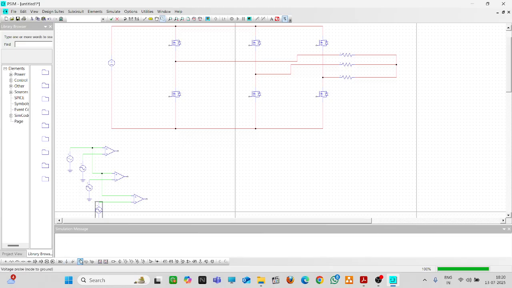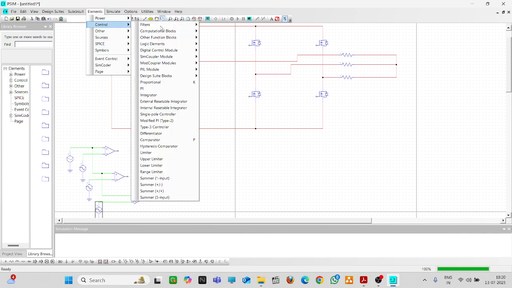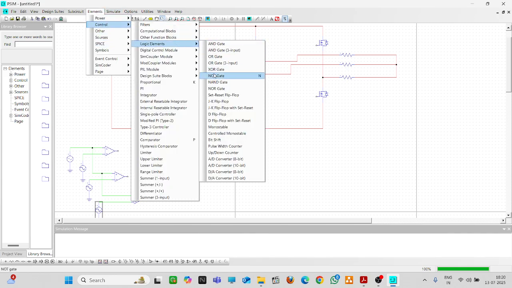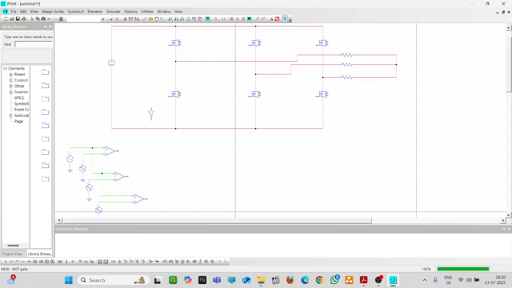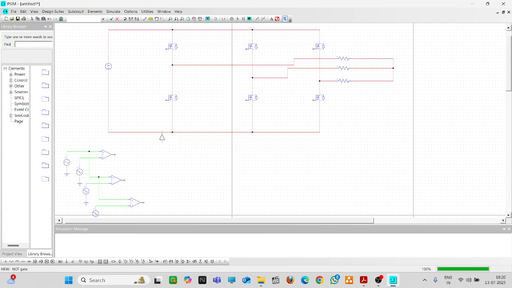Considering that concept, we will have to go for the NOT gate. I think the NOT gate is available. So we will give NOT signals. Okay, so this has been done.